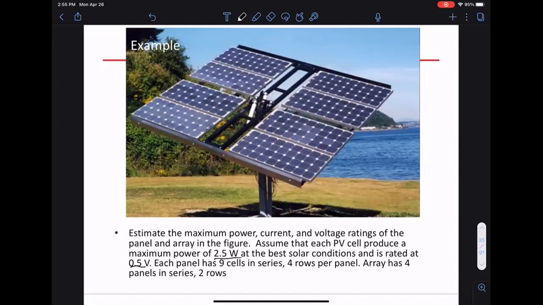Each panel has 9 cells in series, 4 rows in parallel, and then we have 8 panels here. We want to compute exactly how much power we can generate out of this entire array.